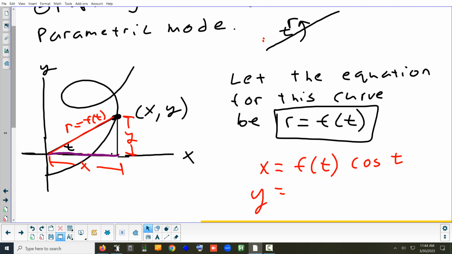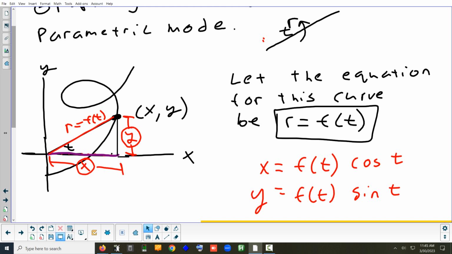It's r sine theta, like what we did before with circles. Well, this is going to be f of t sine theta. And if you're not sure why we're using cosine to get x, it's because x is adjacent. And the reason we're using sine to get y is because sine is opposite.